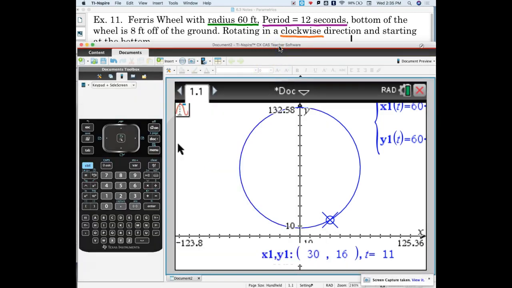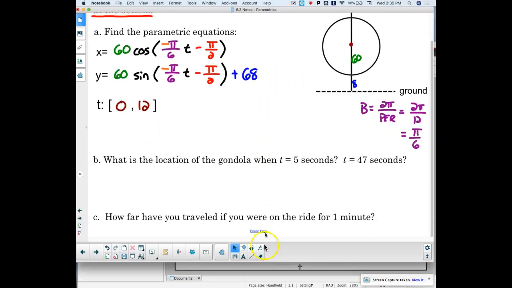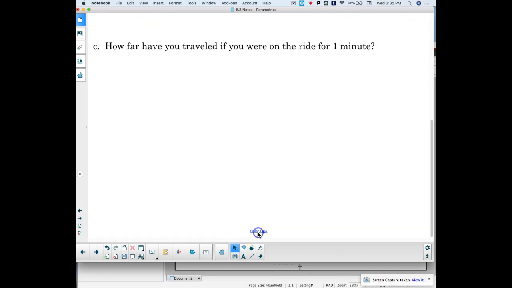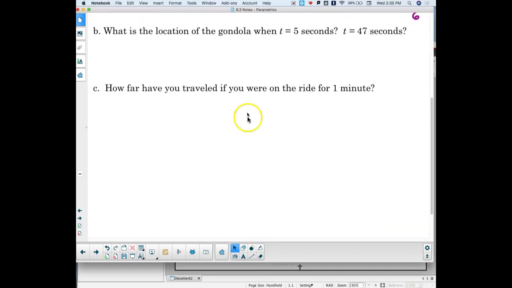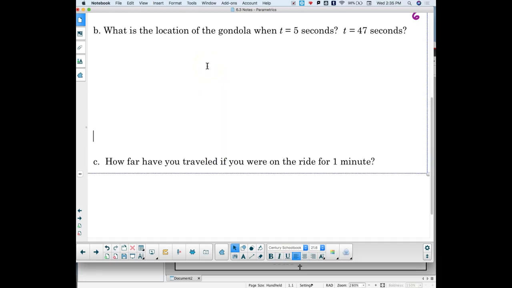Okay. So we got that. Now, the other question that we had was, how far have we traveled if we were on the ride for 1 minute?